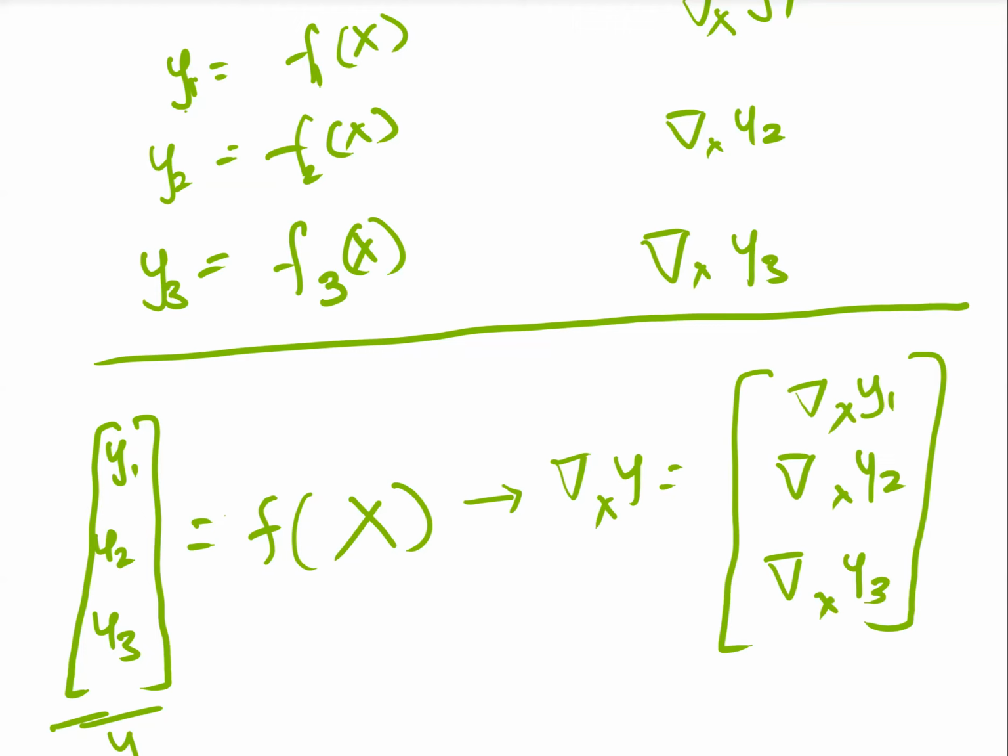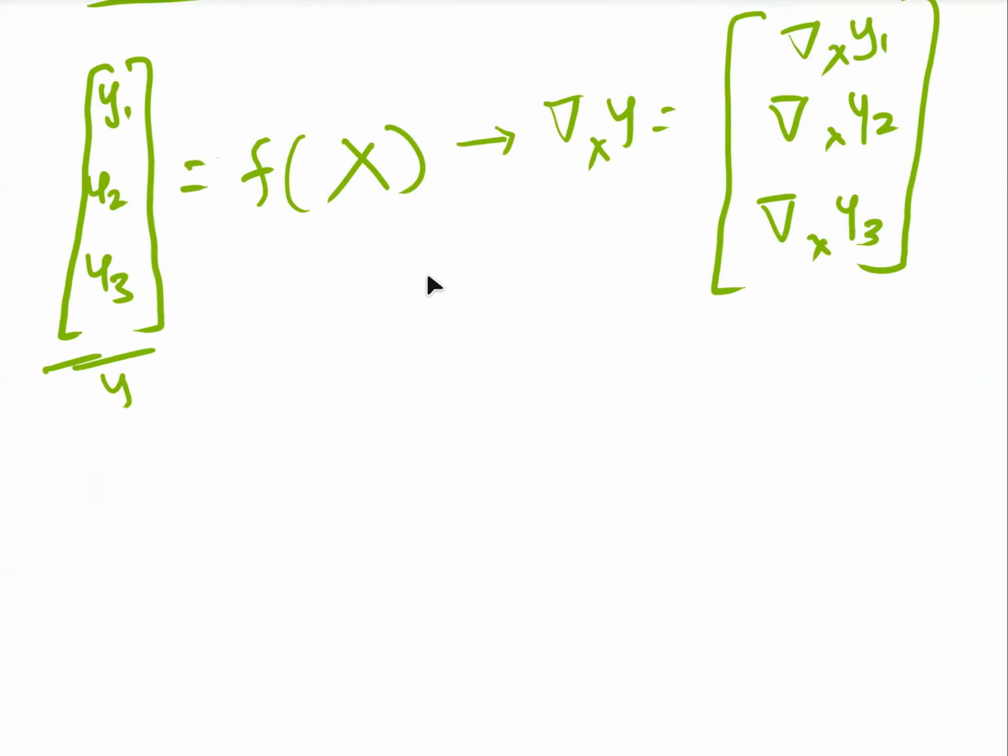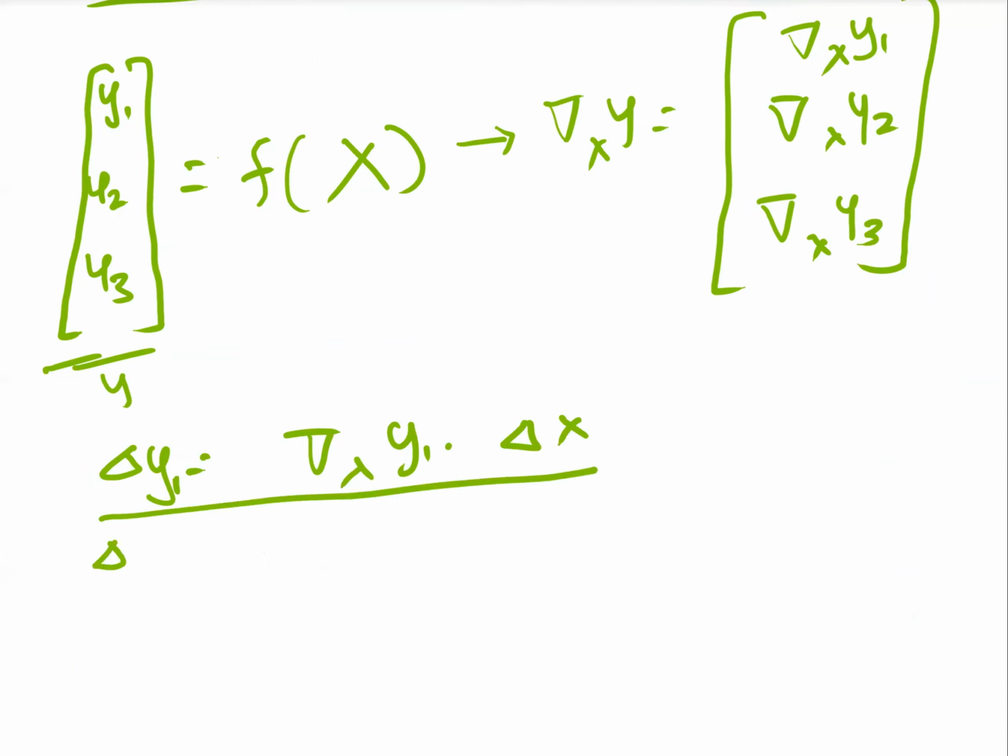Right? And so you can see now that, remember, earlier we had that delta y1 equals the derivative of y1 with respect to x times delta x, right? Similarly, delta y2 was the derivative of y2 with respect to x times delta x.